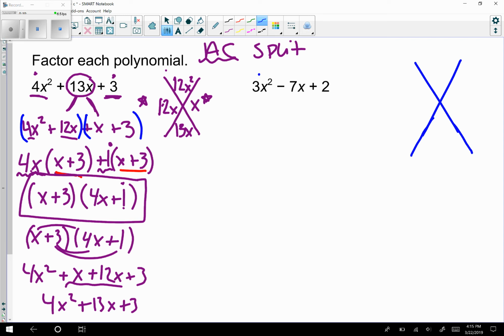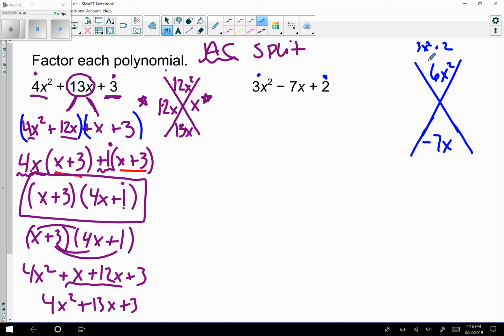Remember we're going to take A times C, so our A term is 3x squared. We're going to multiply that by 2. So up here, I'm going to write down 6x squared. Down here in the bottom of this X, I'm going to write in negative 7x.